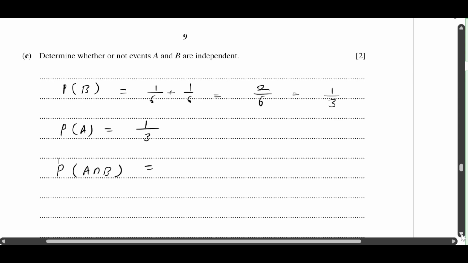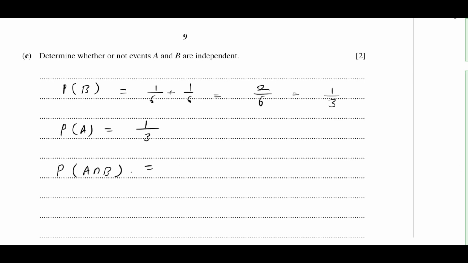The probability of getting two throws, that is the intersection of A and B, means my event A is also happening and event B is also happening. It is 6 divided by 36. Now the probability of A times the probability of B. Probability of A is 1 divided by 3, probability of B is 1 divided by 3, which is 1 divided by 9.